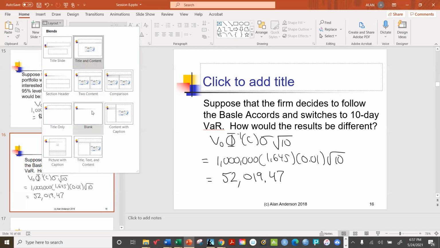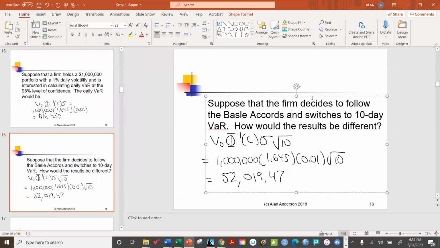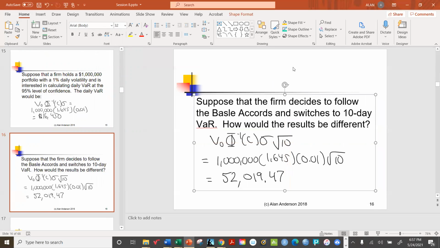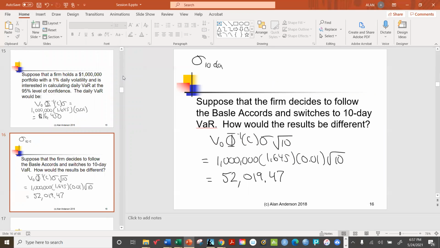And so you see how easy this is. And it's because of that square root of time rule. So in other words, what I did was I took the 1 day vol, or the 10-day vol is the 1 day multiplied by radical 10. And that's how I got this number. And that can come in very handy if I need to switch the time frame.